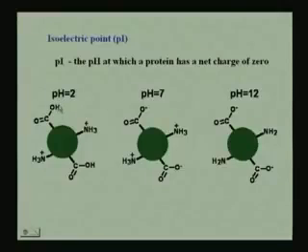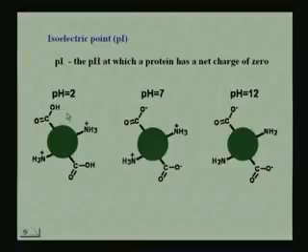Okay? So, if we have, say, pH 2, what do we have here? We have all the side chains protonated as well as the amino and the carboxylic acid terminals protonated. We cannot say which is which. We know that one of these has to be the terminal and one of these has to be the terminal, but this may belong to a lysine and this may belong to either an aspartic acid or a glutamic acid.